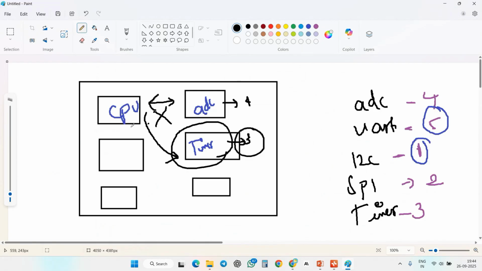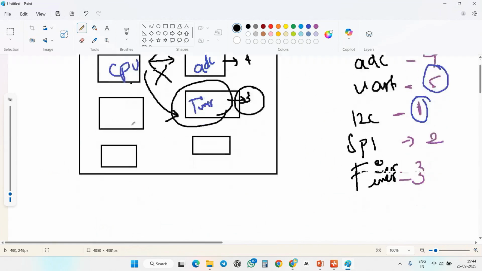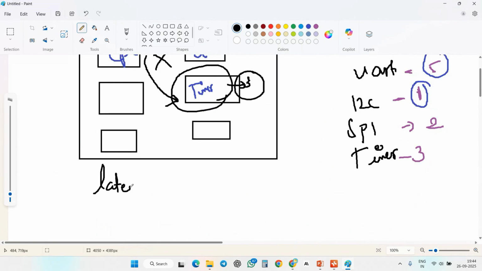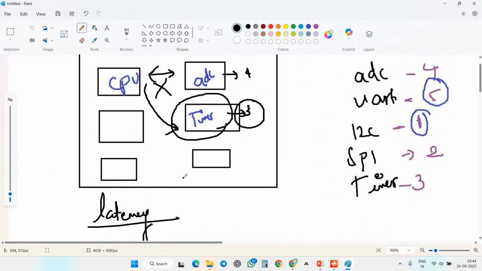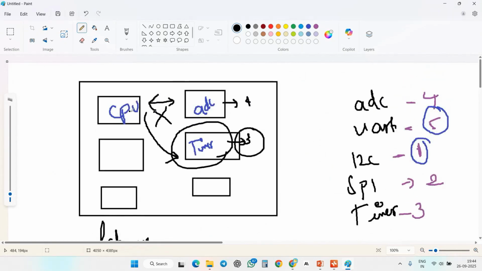Task switching latency. Task switching is common, guys, but how does the latency happen? The task switching means it was already doing the task with the ADC, but the timer has a higher priority, so it switches the task. The switching time, from ADC to timer, should be small.